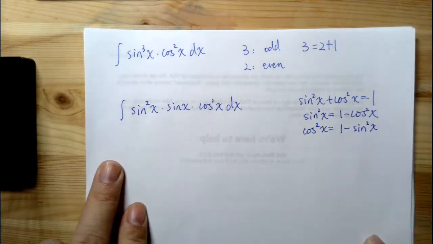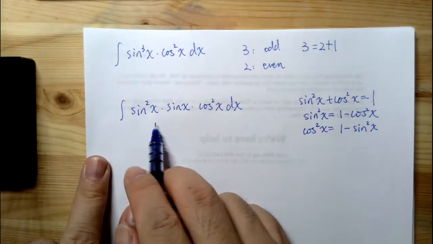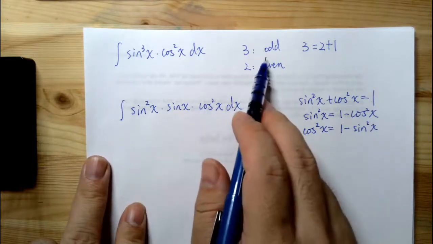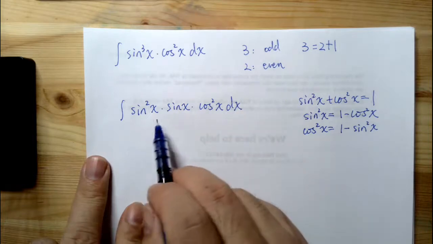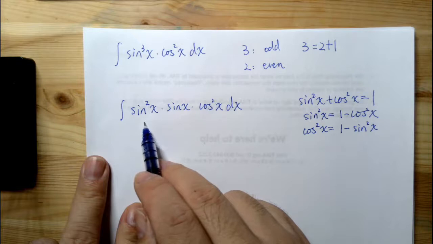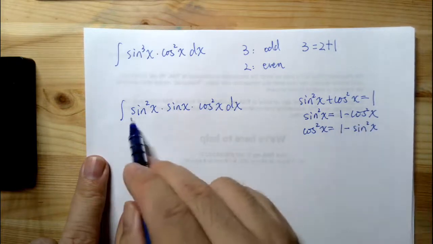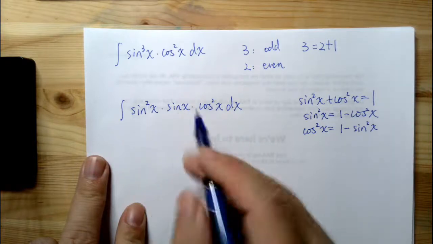Okay. So now we still focus on the sine part, which is the part that originally had the odd power. So I rewrite it into sine squared times sine x. Now, what I want to do is use the identity here to convert this part in terms of cosine.